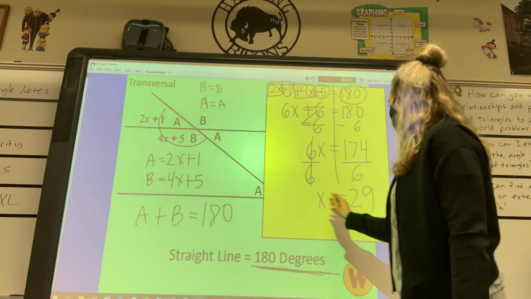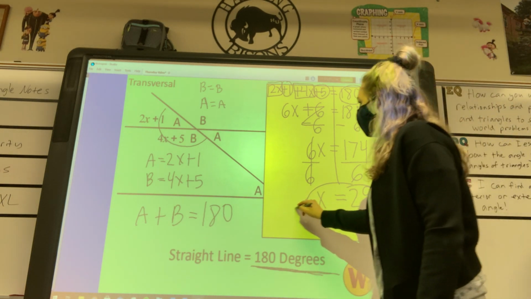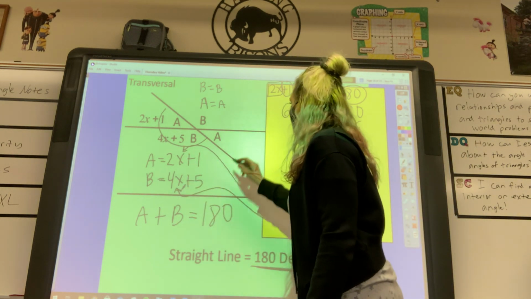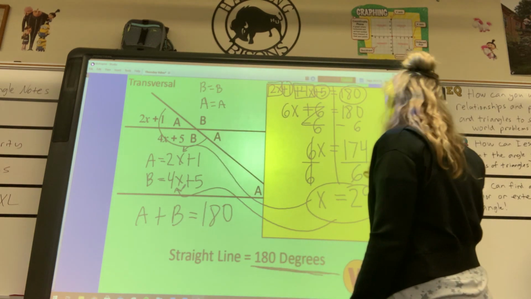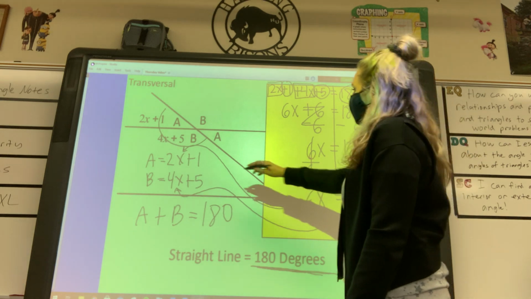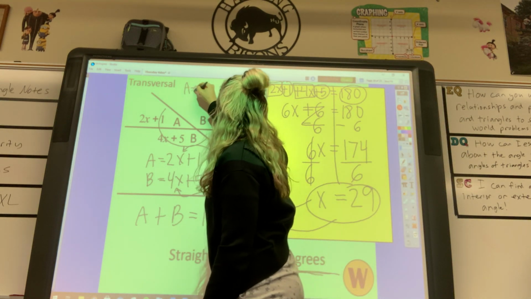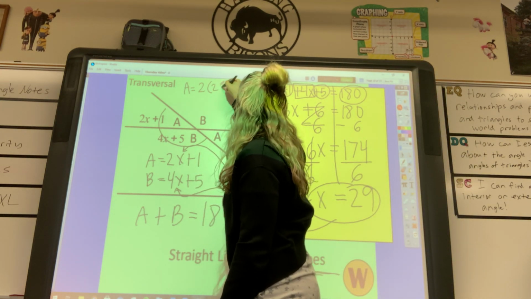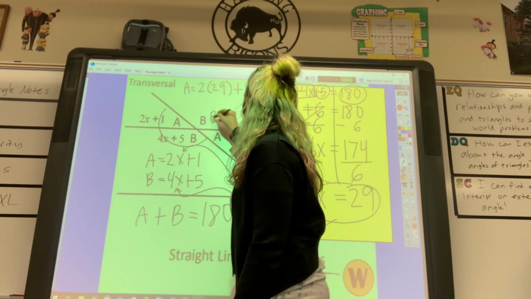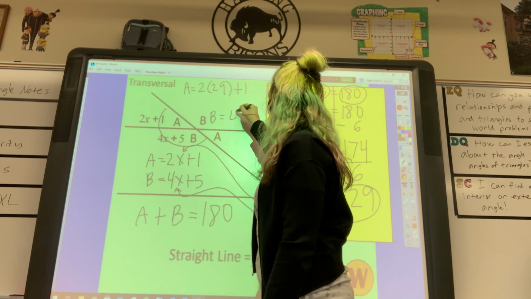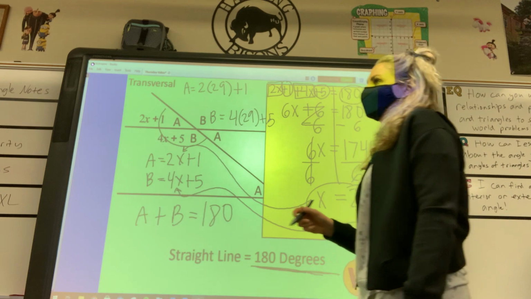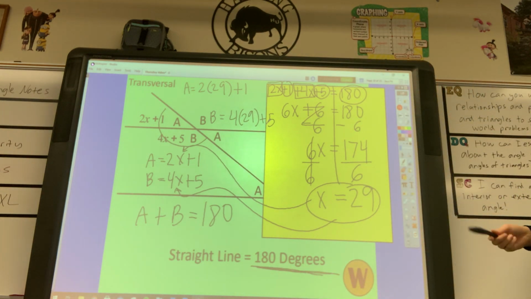So if I take my x and substitute it in where we have our numbers missing, then we can find 2a equals 2 times 29 plus 1, and b equals 4 times 29 plus 5, and then simplify. Yep. Solve that. You got your answers.